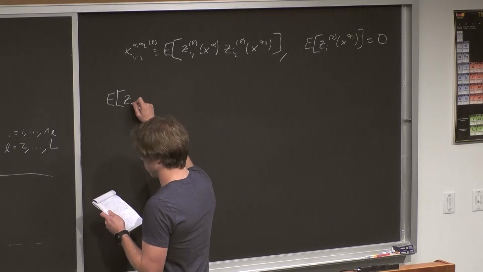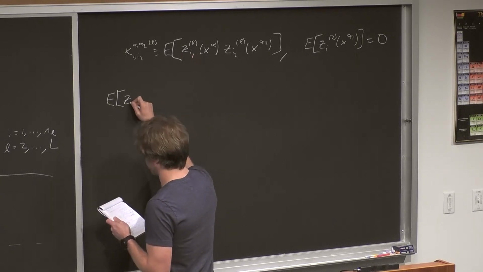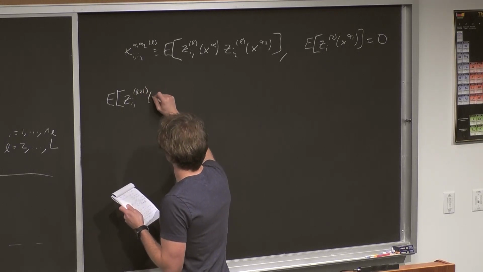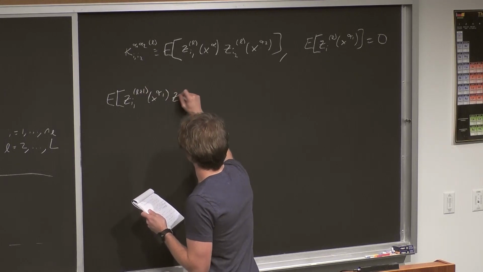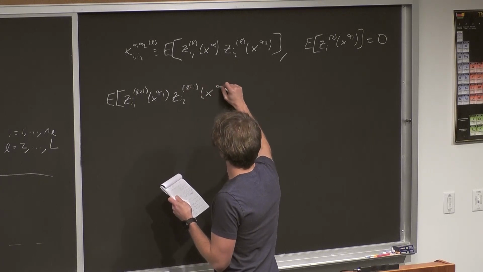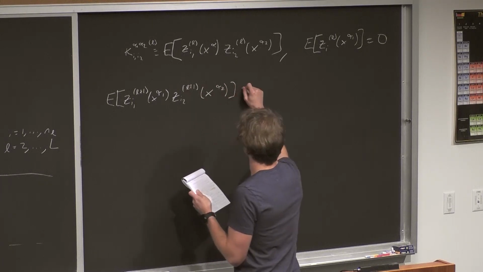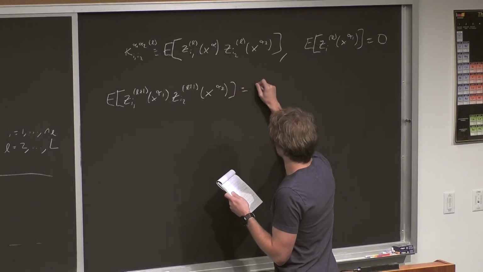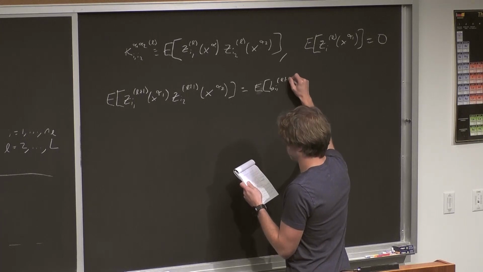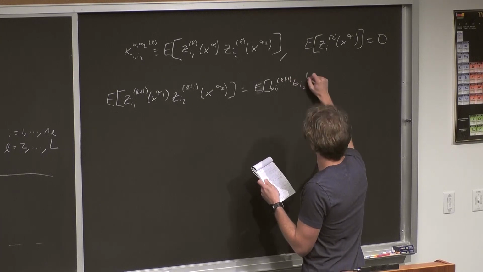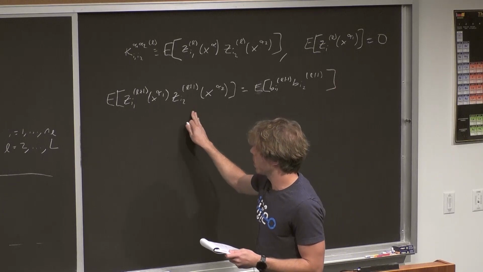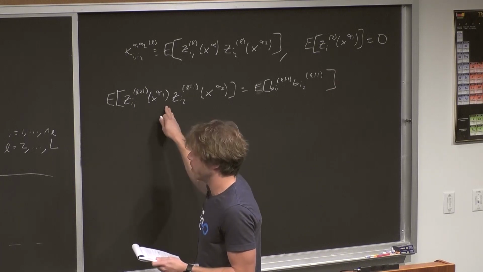So instead of considering the correlations at L, we'll consider them at L plus 1. We want to evaluate the correlations between inputs of the next layer.